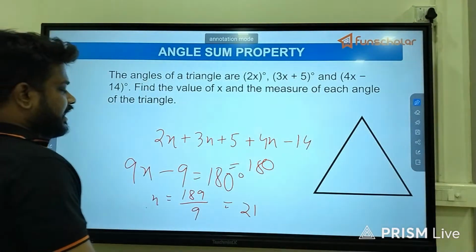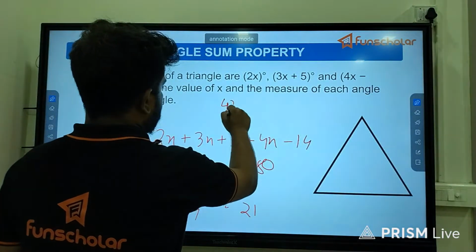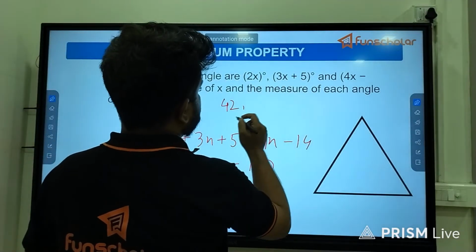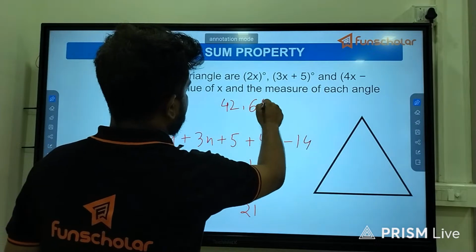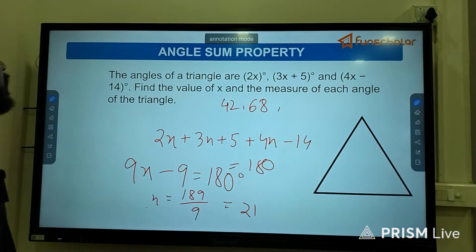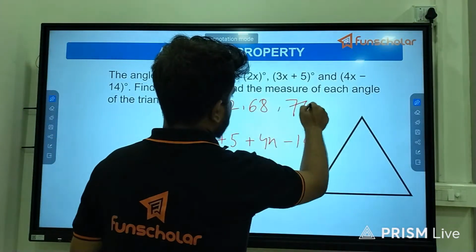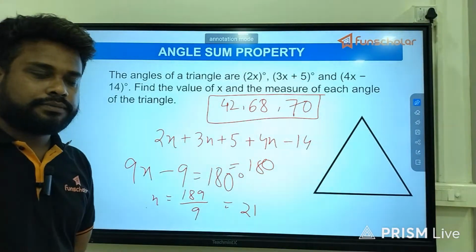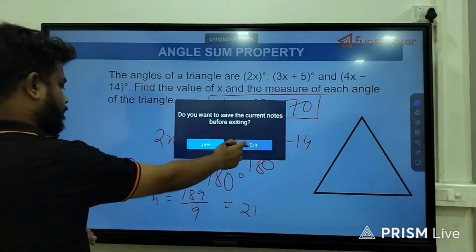The measure of each angle will be 42, 63 and 5, 68, and 84 minus 14 will be 70. So these three will be the measurements of each of the angles. Okay.